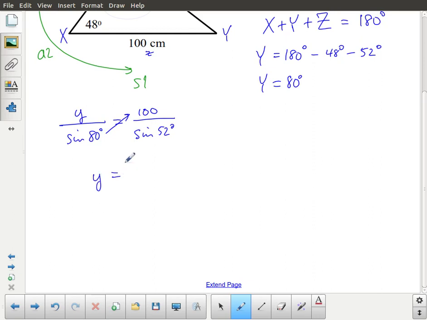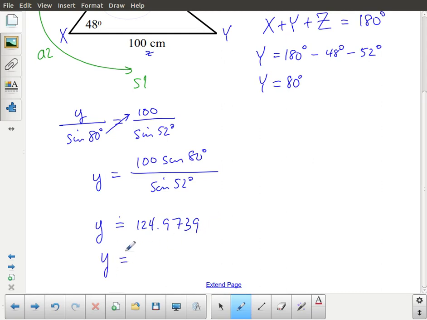That gives me y equals, and now I end up with 100 sine 80 degrees divided by the sine of 52 degrees. And I can go straight to my answer now. If I'm careful with my calculator work, I can do 100 sine 80 and divide that by the sine of 52, and I end up with 124.9739 rounded to 4 decimal places, but I want just 1 decimal place.